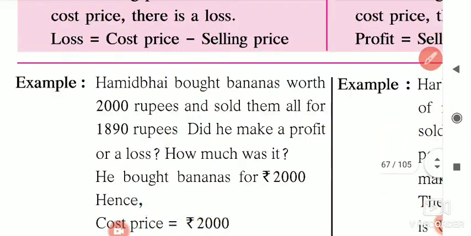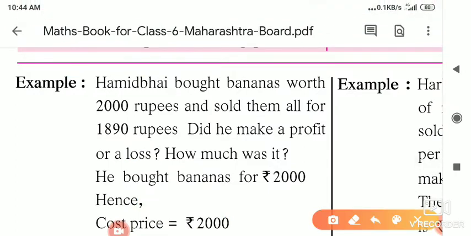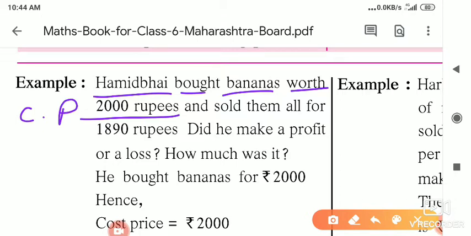First of all, we will understand in the example whether there is profit or loss. So Hamid Bhai brought bananas worth 2000 rupees. So 2000 rupees is its cost price, that means CP.